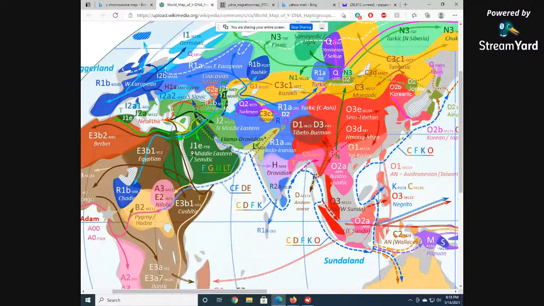But the J2 is strictly Judaic, it seems. But they're here as well. They're, of course, in the Levant area, and they're throughout the Middle East. The J2 is clearly Abrahamic, Semitic.